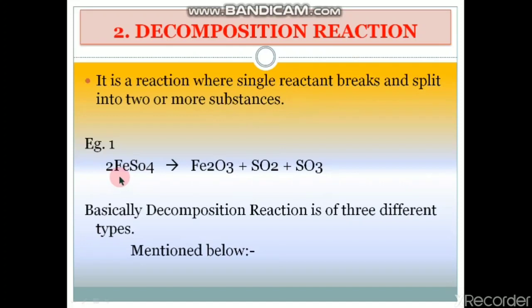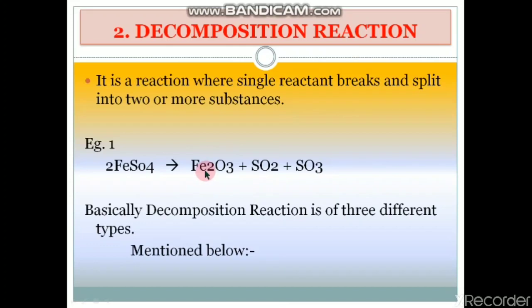Here I wrote ferrous sulfate, 2FeSO4. When we heat it, it is basically a solid. So when we heat it, what comes? Ferric oxide.